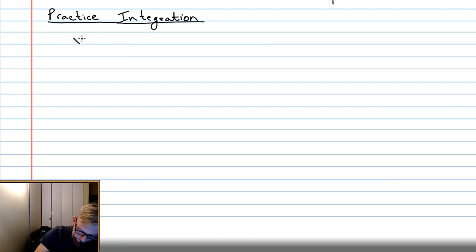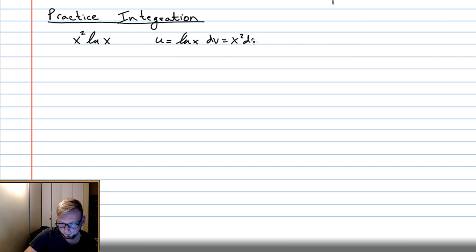Okay. x squared natural log of x. And they want us to do this first. And v is equal to x squared.